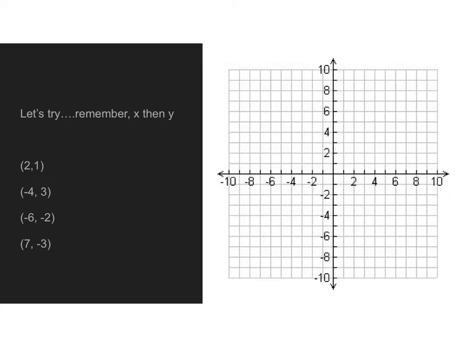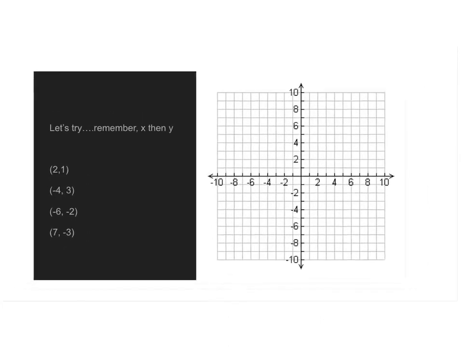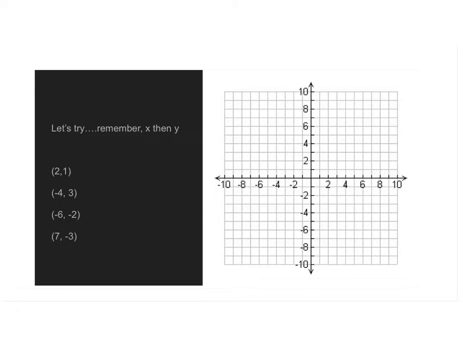All right, let's try a couple here. So 2, 1. Actually, I should get a colored pen here, sorry. Point 2, 1. So this is your X value, and this is your Y value. So let's go to 2. Now it's positive 2. And then up to positive 1.